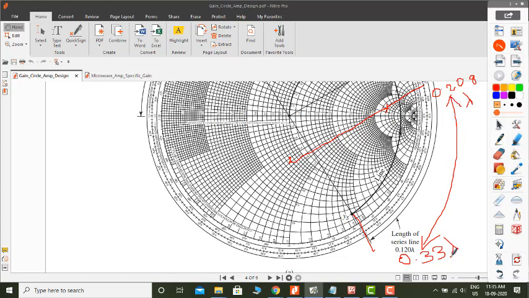So 0.33 minus 0.208 will be 0.122, approximately 0.12. So the difference is 0.12 lambda.